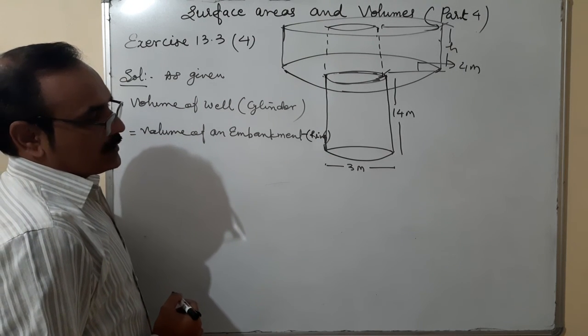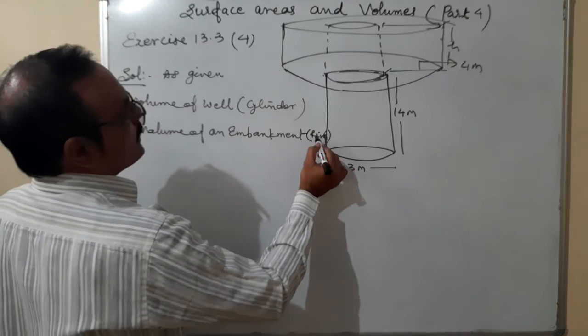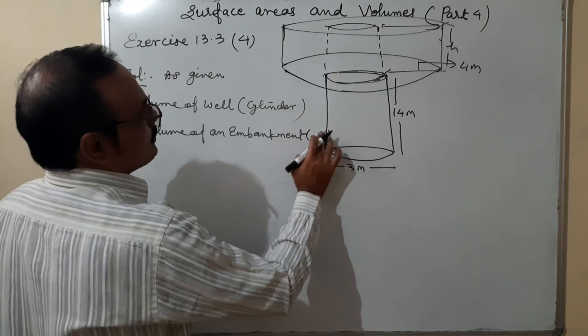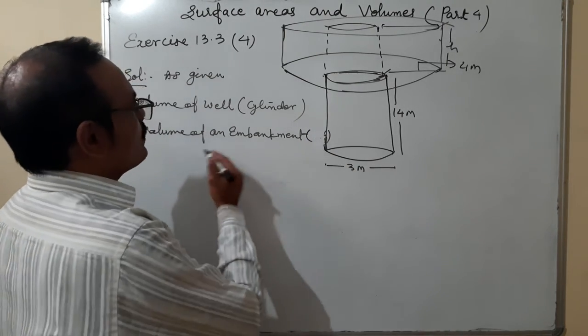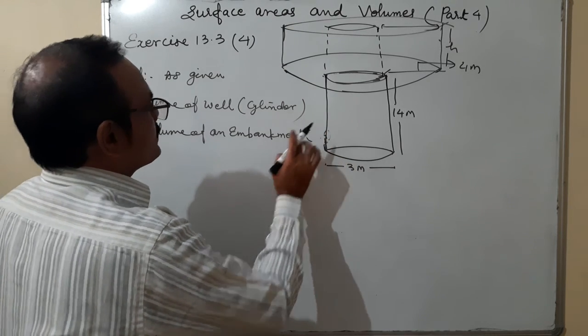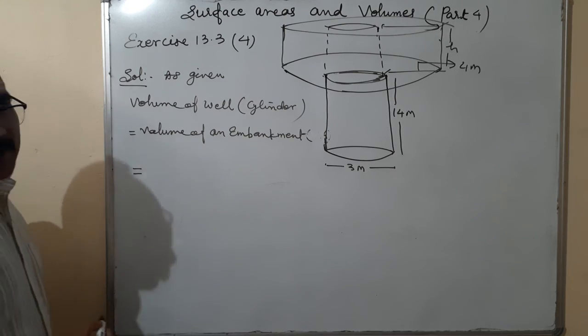Actually, these are cylindrical rings. Don't use the term ring alone because a ring is a two-dimensional shape. We have to write here cylindrical ring for the volume of an embankment. Volume of well is equal to volume of an embankment.